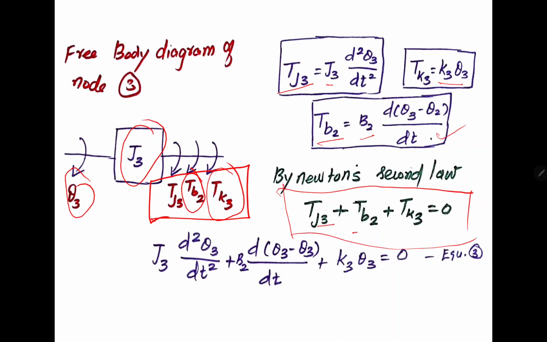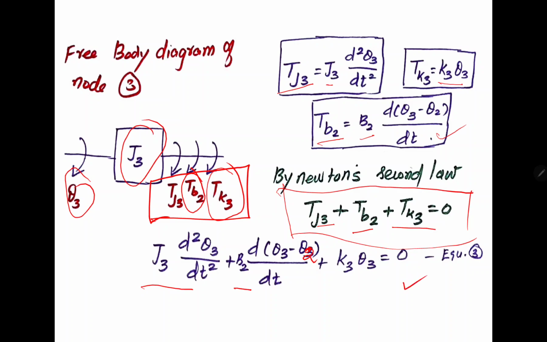So Tj3 plus Tb2 plus Tk3 is equal to 0. Substituting the values of all these opposing torques, I get J3 d square theta 3 by dt square plus B2 d of theta 3 minus theta 2 by dt plus K3 theta 3 is equal to 0.